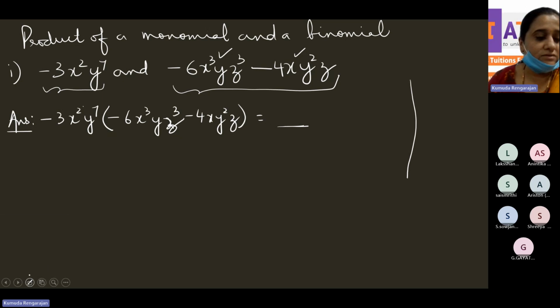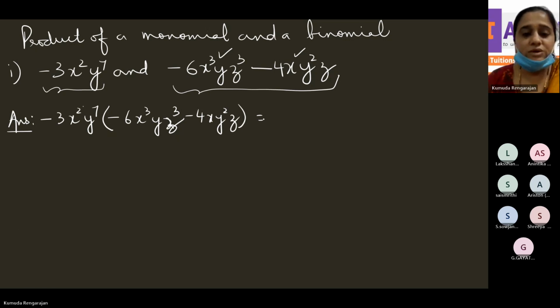Minus into minus is plus. 6 3s are 18. X squared into x cubed is x to the power 2 plus 3, 5. Y to the power 7 into y is y to the power 7 plus 1, which is 8, and z cubed.